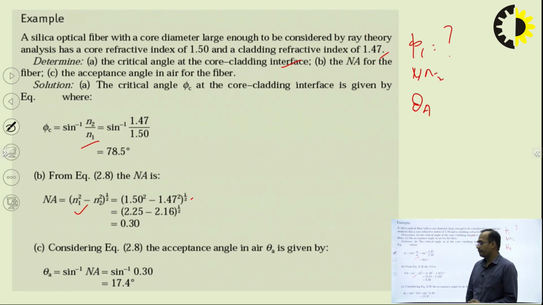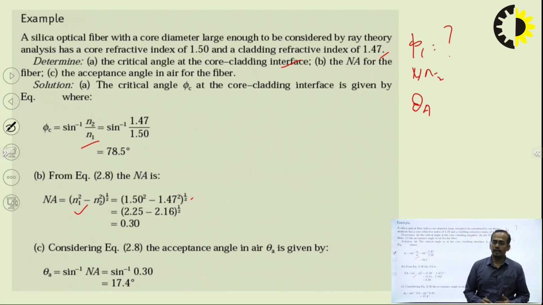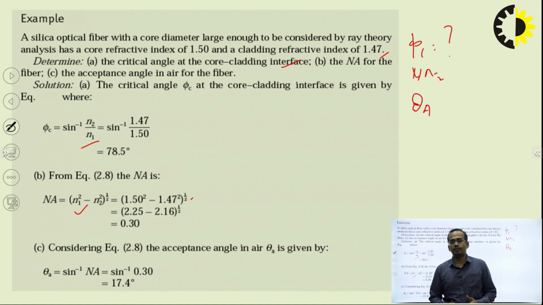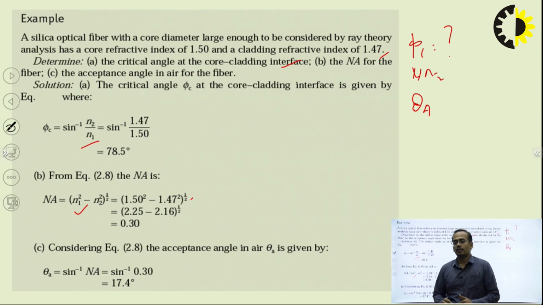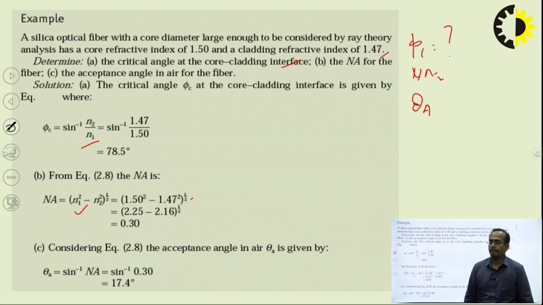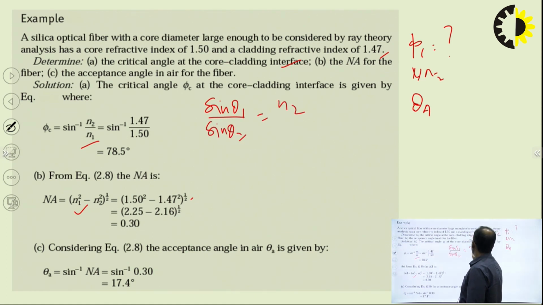How will you calculate phi c? The critical angle is the incident angle at which the angle of refraction becomes 90 degrees, or you can say after refraction the ray goes parallel to the boundary. Here sine theta 1 by sine theta 2 is equal to n2 by n1.